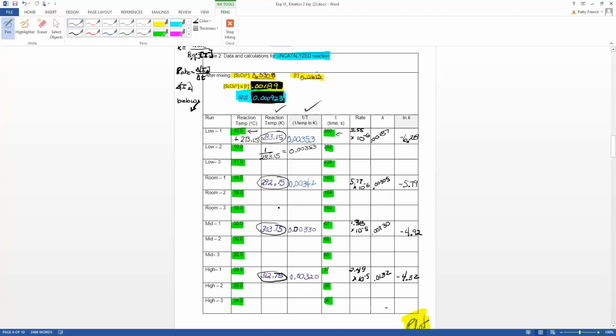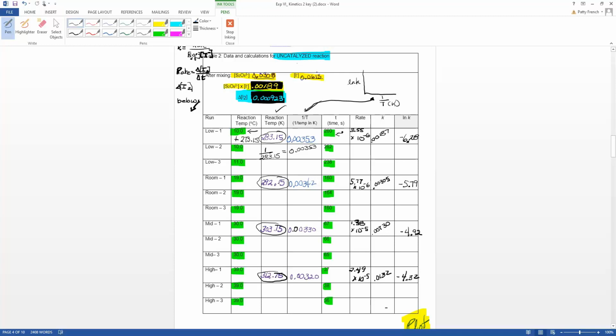So now you're all done with the temperature part. We now have right here the x coordinates. So now we have to find the y coordinates. Remember, this is 1 over temperature in Kelvin, but the y coordinates are ln of k.